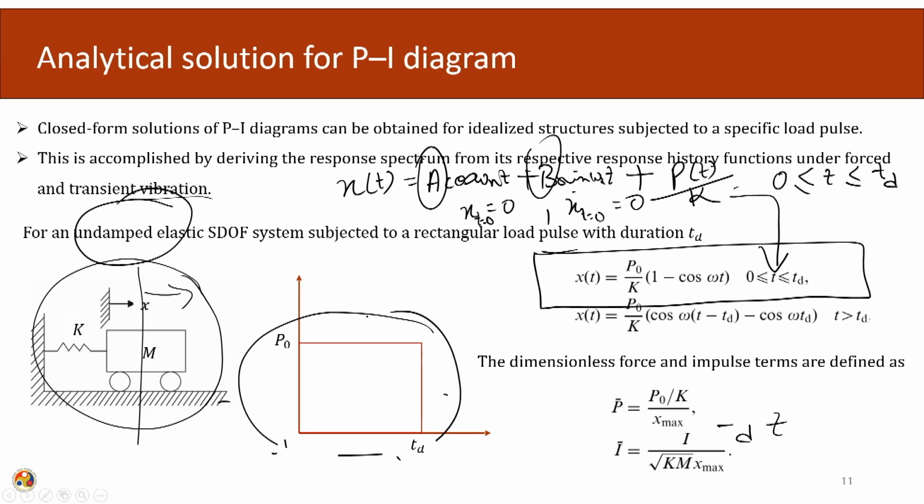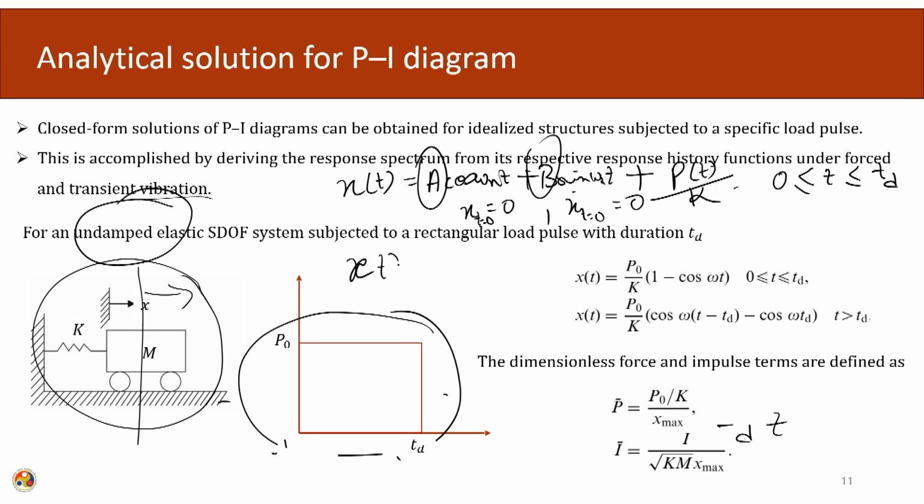Once the loading function is removed, that is the second equation, then the second solution will be a2 cos omega n (t minus Td) plus b2 sin omega n (t minus Td).